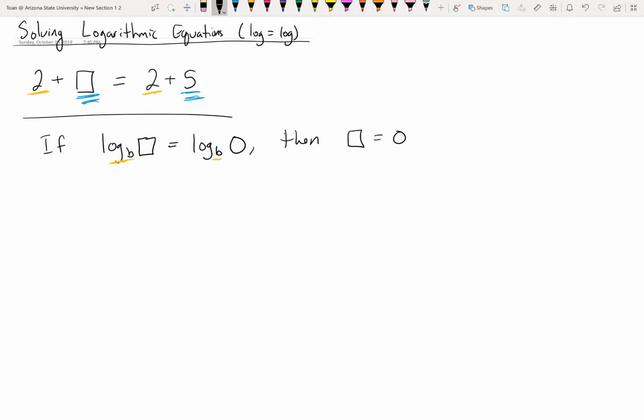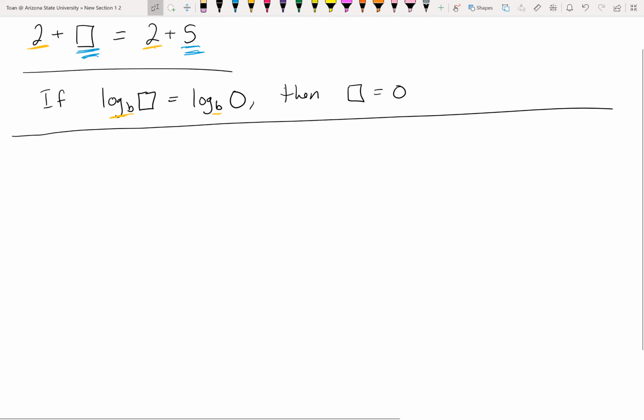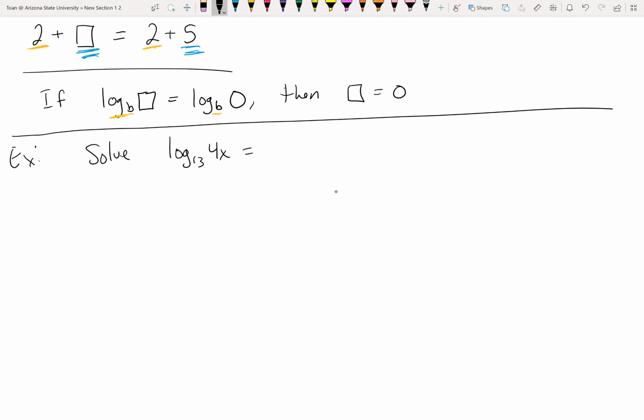So let's go ahead and go through a couple of examples. Suppose I ask you to solve log base 13 of 4x equaling log base 13 of 2 minus 4x.